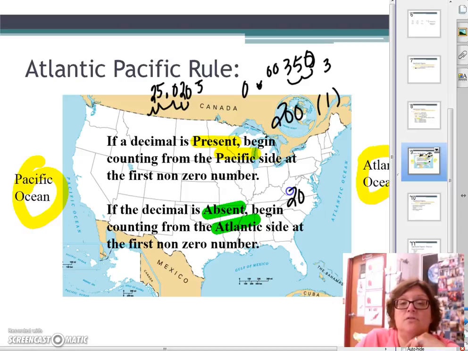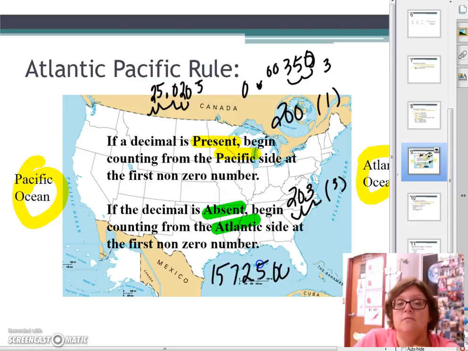If I have 203, I come from the right. 1, 2, 3 significant digits. If I have 1,572,500, I start counting at the first non-zero. Is that a non-zero? Nope. Nope. 1, 2, 3, 4, 5. Okay?